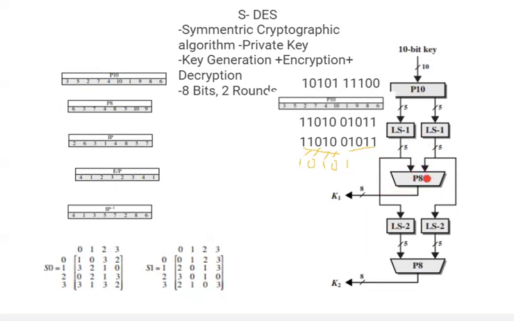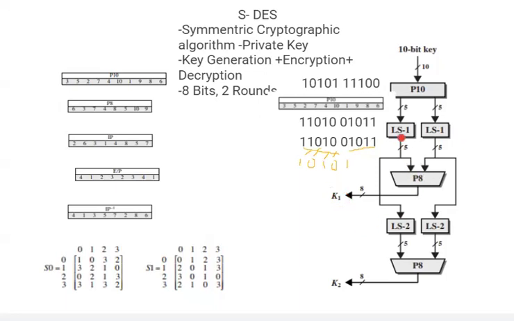This particular P8 will be taking that and giving 8 bits, so 2 bits are getting eliminated. Which 2 bits are eliminated is given in the P8 permutation. So after P8, the first key we will be getting, we will call as K1.